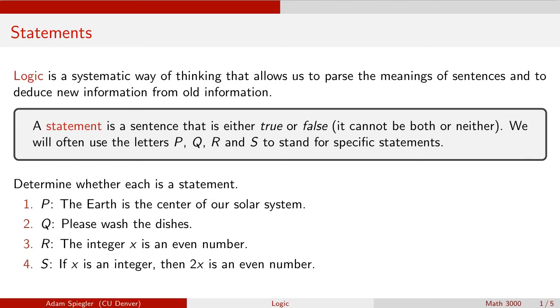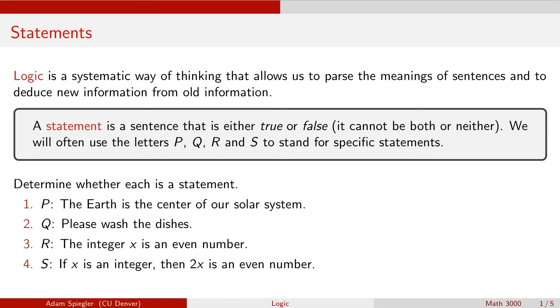So number 1, the sentence P here is saying the Earth is the center of our solar system. And so now the question that we need to consider is, is this a sentence which has to be either true or false, or is it possible that this sentence is both true and false, or neither true nor false? So the Earth is the center of our solar system. Either it is or it isn't.